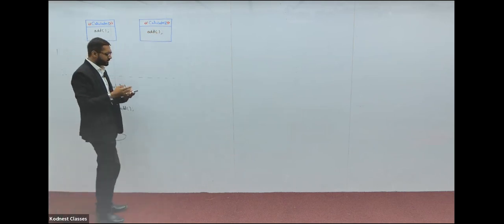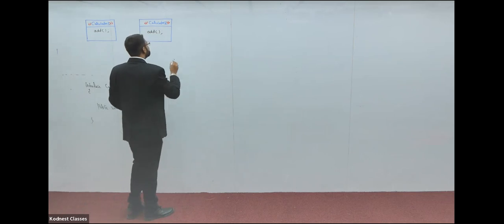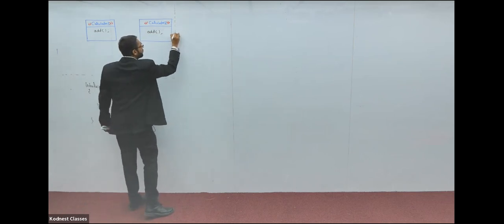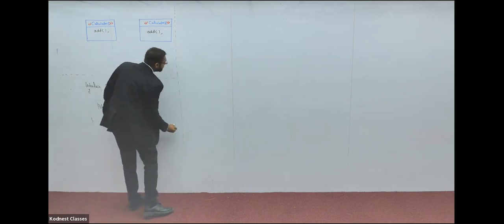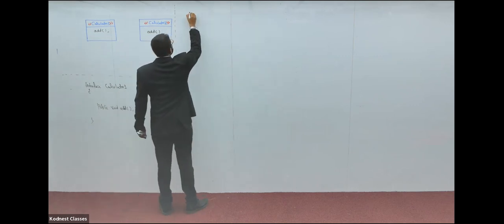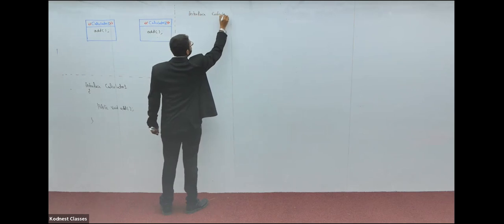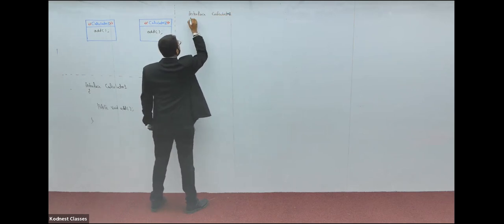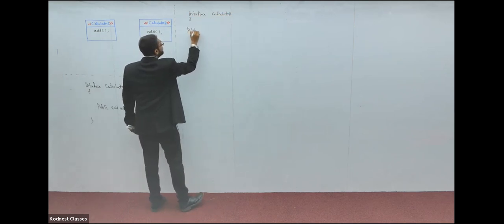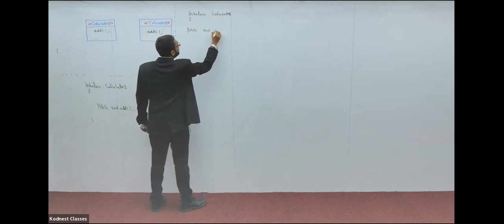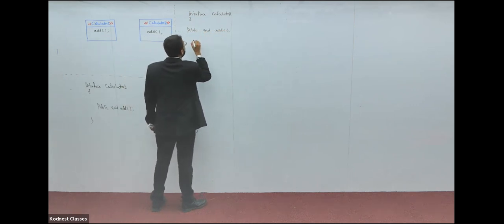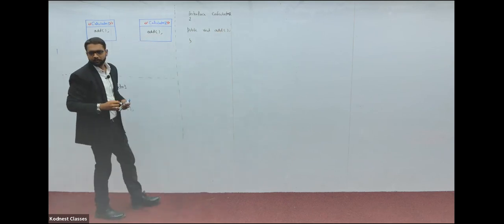Different interface, method called add. The same thing if I want to represent in code, I can represent it like this. This is that interface called Calculator2. In that I have one method called public void add. Any problem till now?